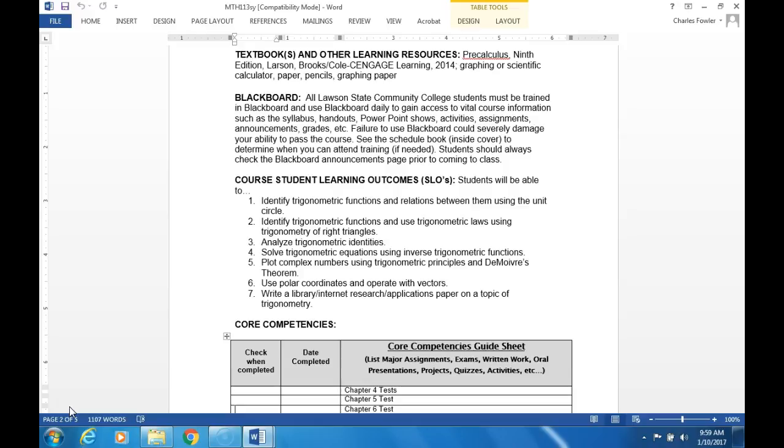By the way, I put on my book orders that the graphing calculators are required, so that authorizes the bookstore to charge it to your Pell Grant if you are going that way. So if you wanted to get one from the bookstore, it should have shown up on the book order, so they should count that under Pell.